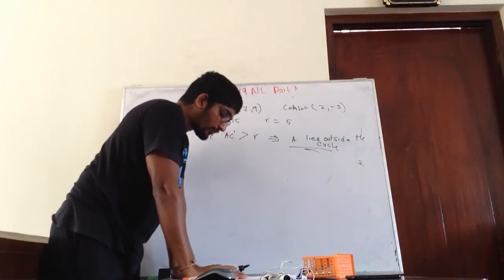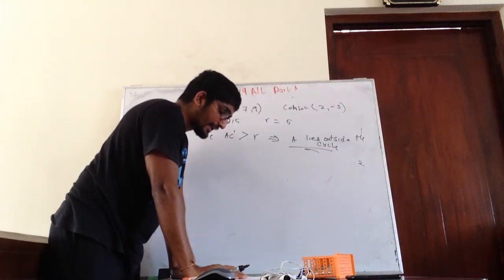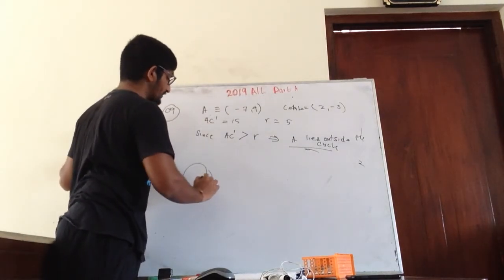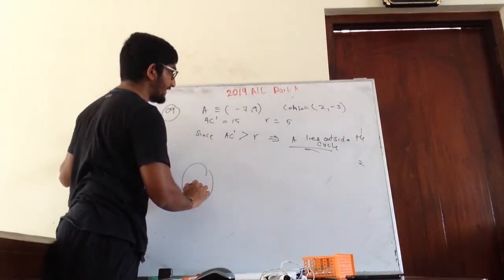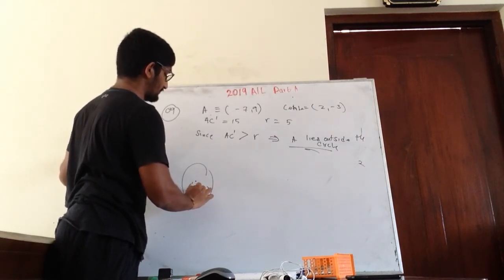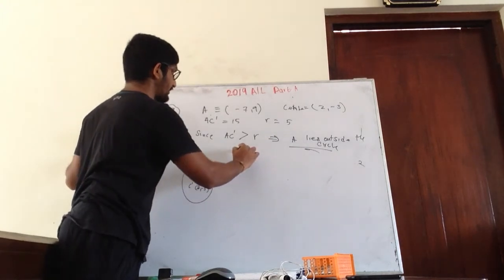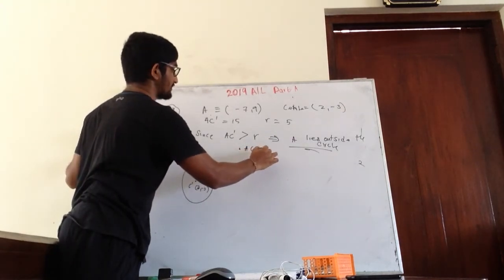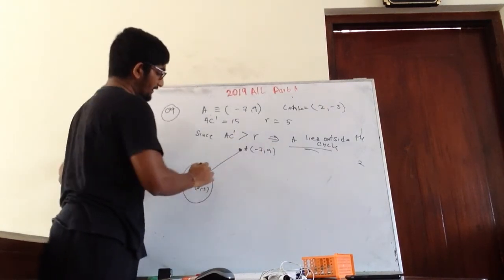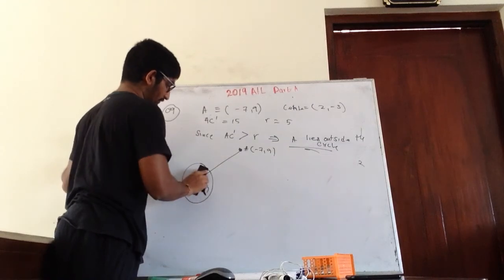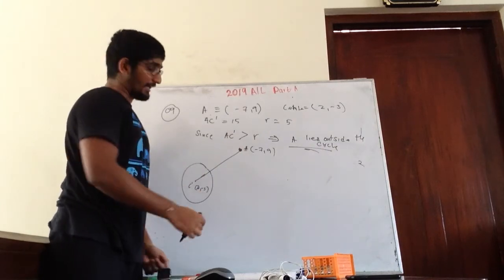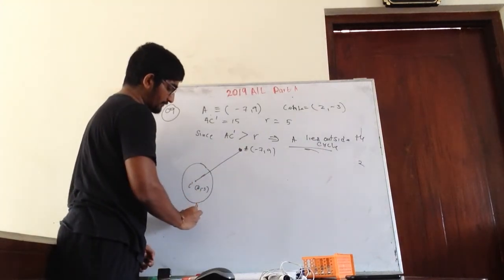Then they are asking, find the coordinates of the point of the circle S equals 0 nearest to the point A. Right, now this is a circle, this is C dash, which is 2, minus 3, and then there is a point A here, which is minus 7, 9. So they are asking the nearest point to A on S equals 0.